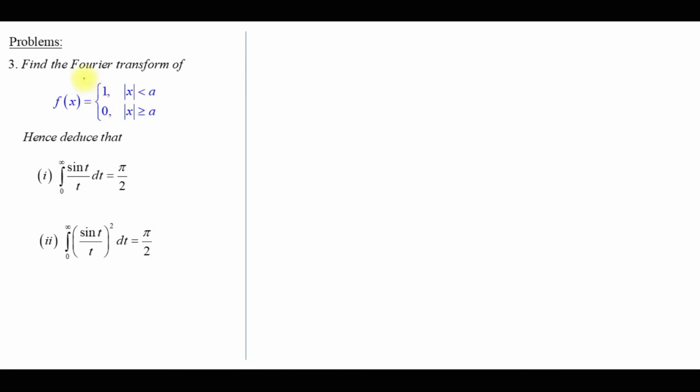So first we need to find the Fourier transform of f of x. What is the formula for the Fourier transform of f of x? 1 divided by square root of 2 pi, integration from minus infinity to plus infinity of f of x e power isx dx.